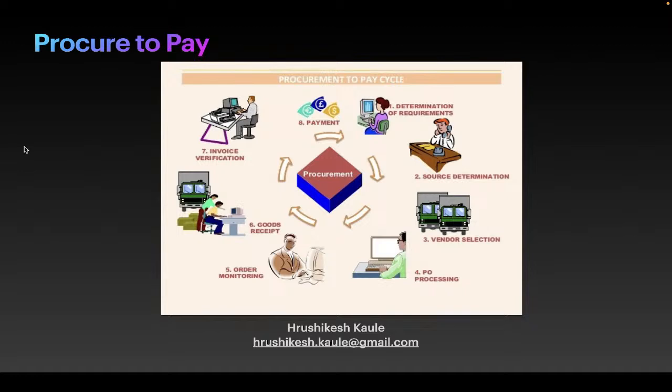Obviously, I'll get this from two, three, four vendors for comparison, and then I will check who is giving me the lower price within my dates, checking all the terms. I'll select one of them, and then I will award, or I will create a purchase order to that particular vendor. So here we are completing the second, third, and fourth step.